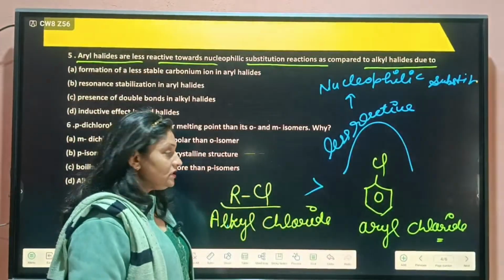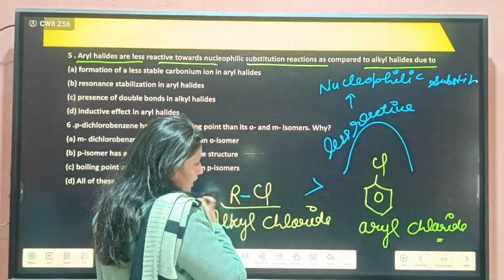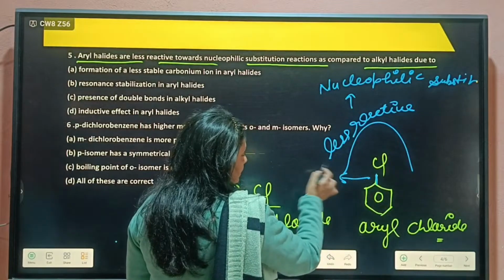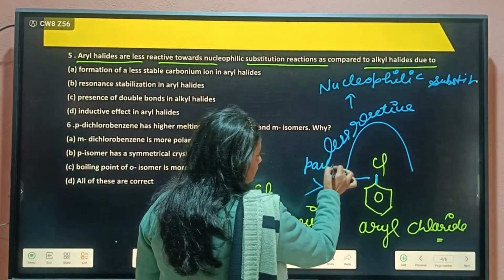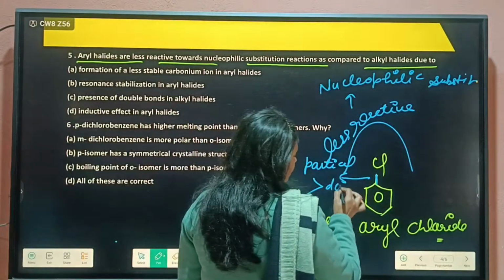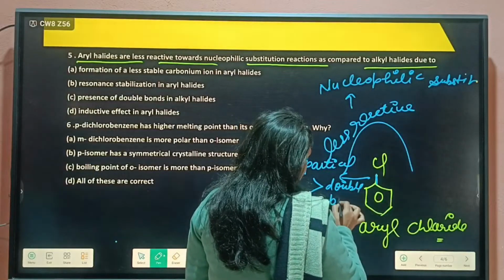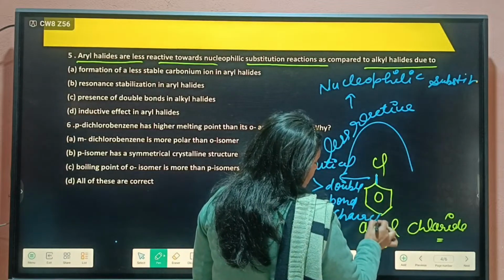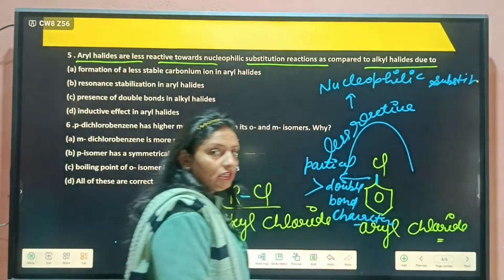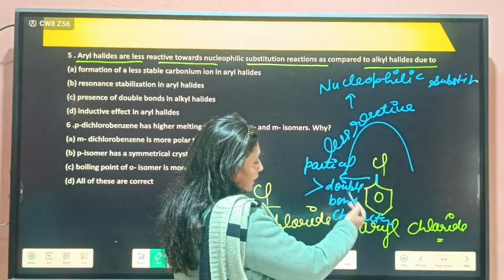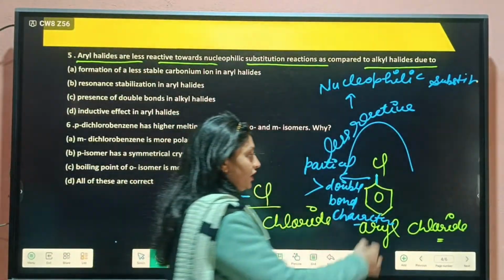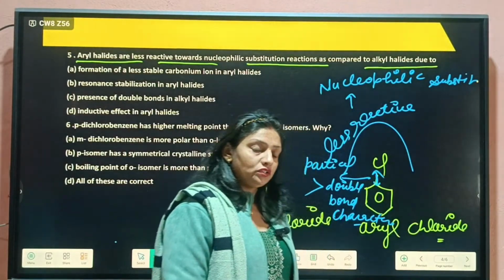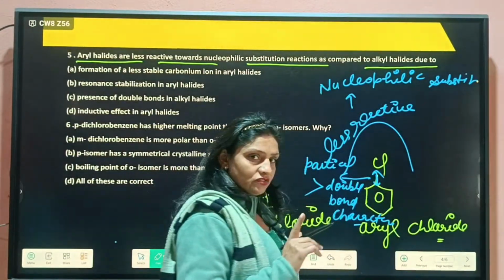Already I explained here, students. In case of haloarene, due to resonance, it shows partial double bond character. Bond length will be shorter, and due to shorter bond length, it is difficult to cleave this bond. Okay, one reason is this one.